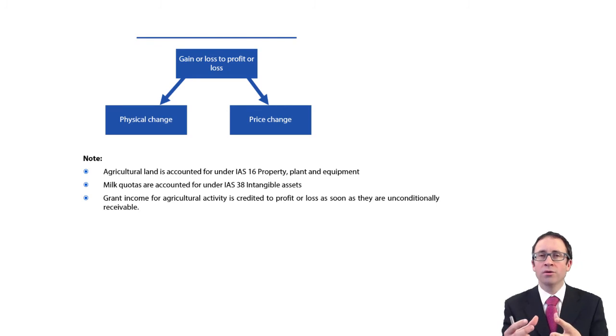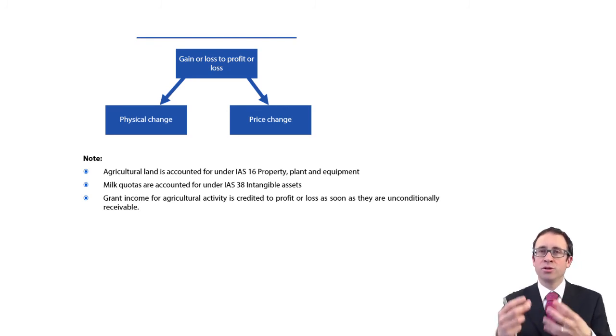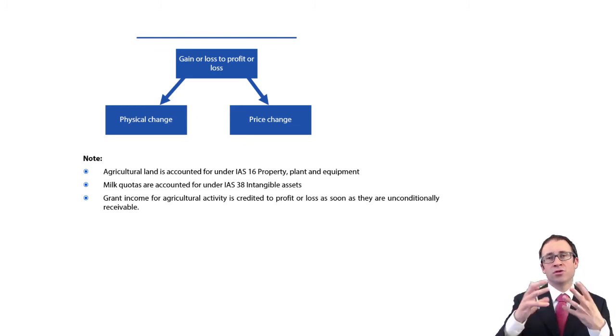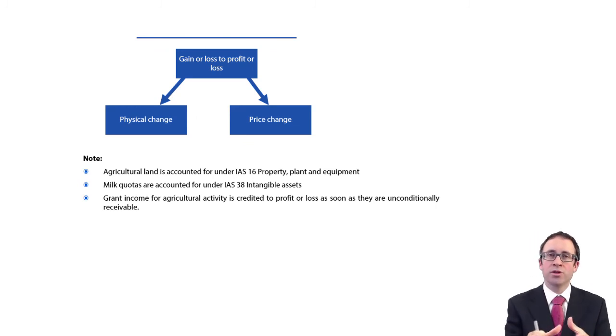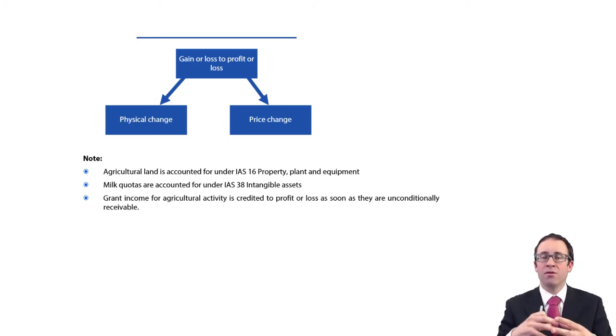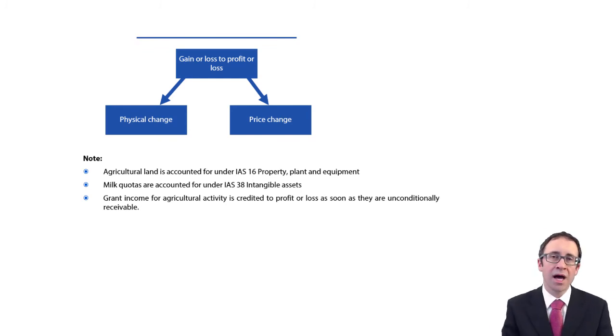A milk quota is allowing you to produce a particular amount of milk. So you have control over the amount of milk that you can produce. Nobody else can produce that amount of milk. It's giving you benefits that are going to be probable, and you'll be able to measure the value of the milk quota reliably.